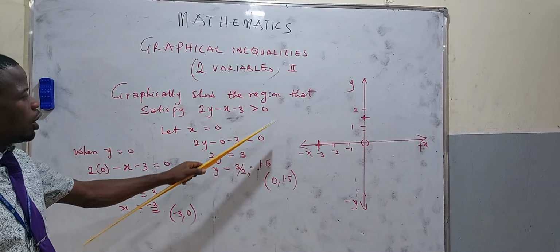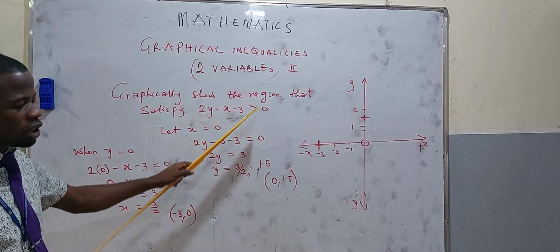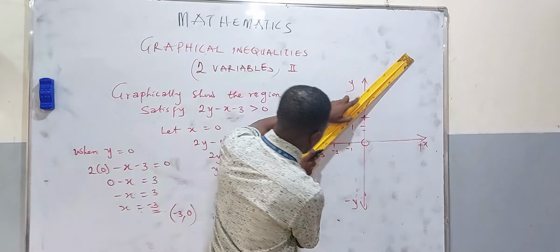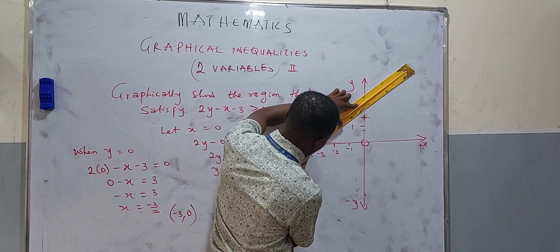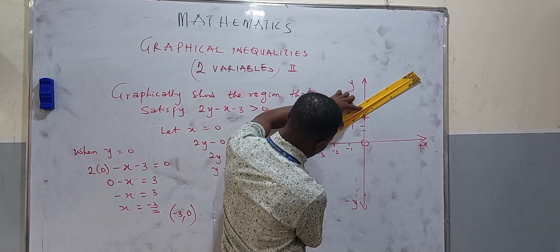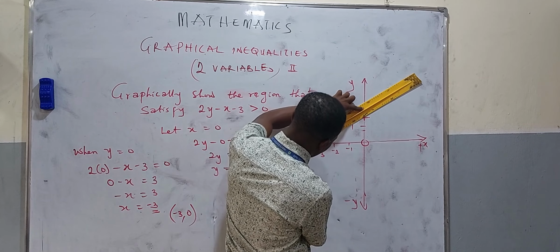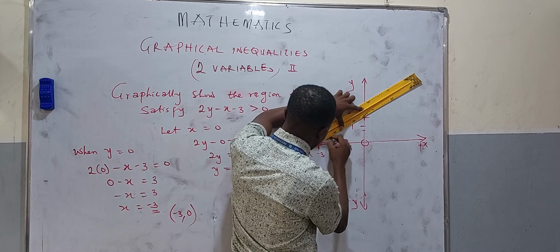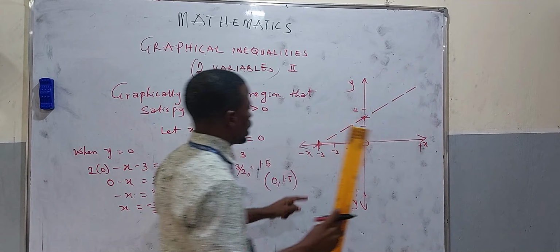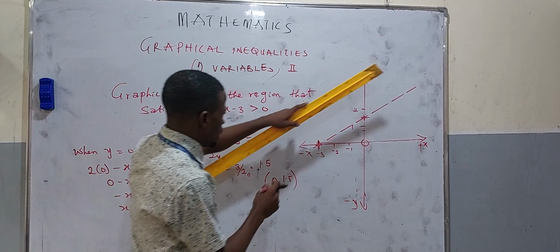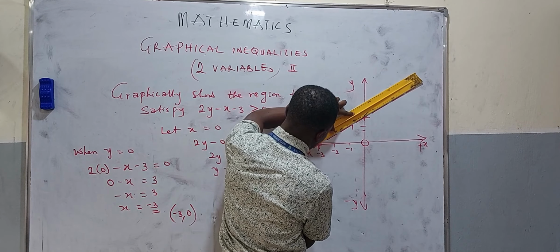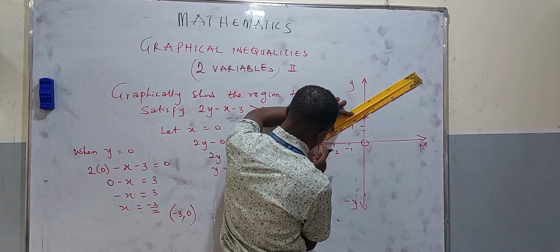We said when we have a strict inequality, we use broken lines. So I go with broken lines. These satisfy my inequality.